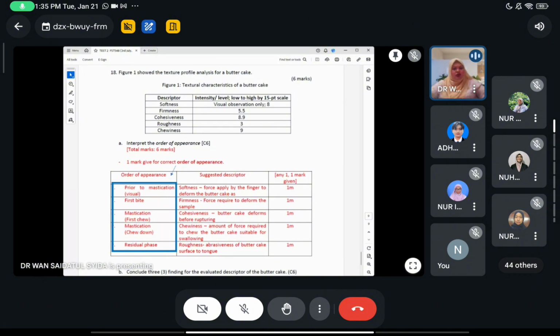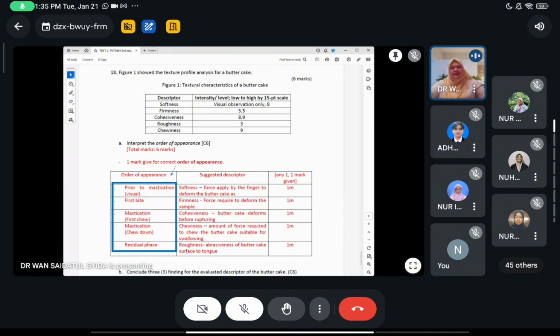The first one is prior to mastication. So you divide it into, we have five, right? One, two, three, four, five. So you have to divide all the attributes, or the descriptors, into the five orders of appearance.